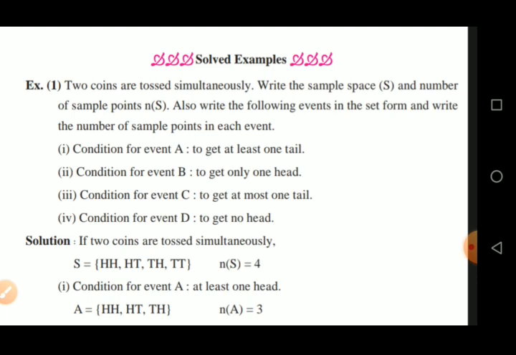First, condition for event A: to get at least one head. Second, for event B: to get only one head. Third, for event C: to get at most one tail. Fourth, for event D: to get no head.